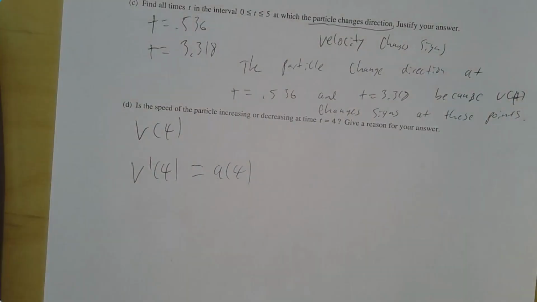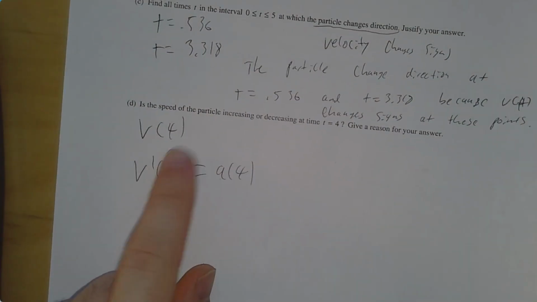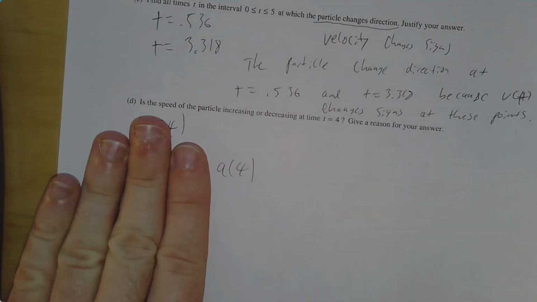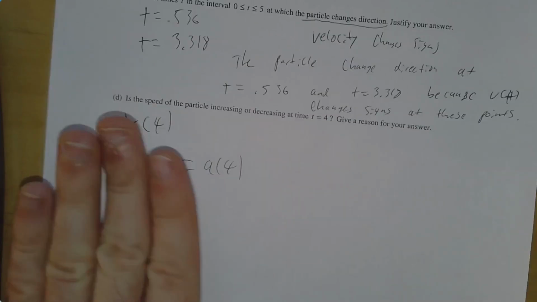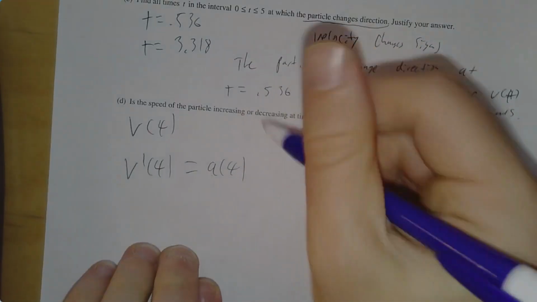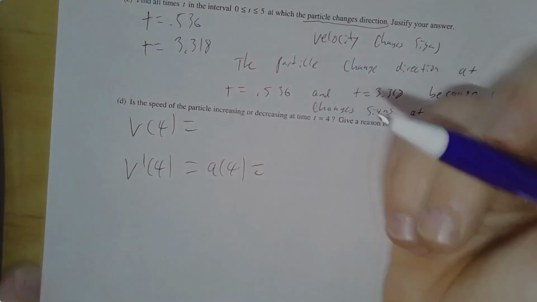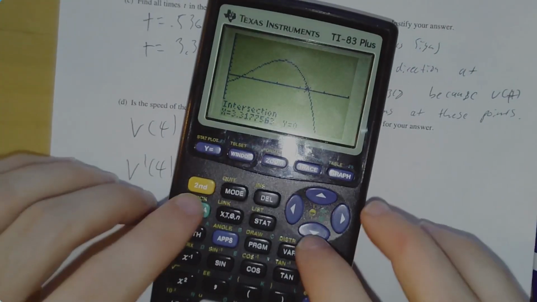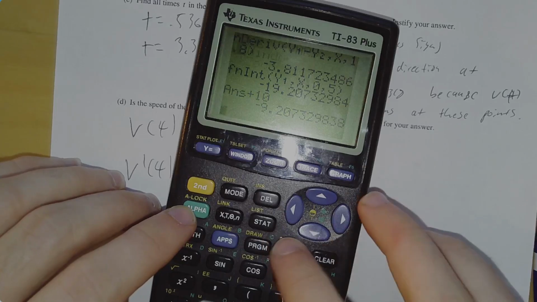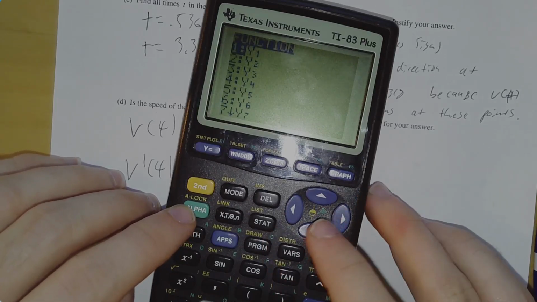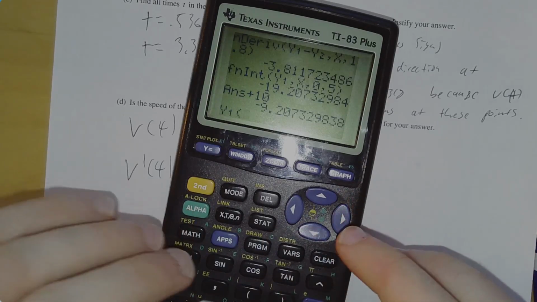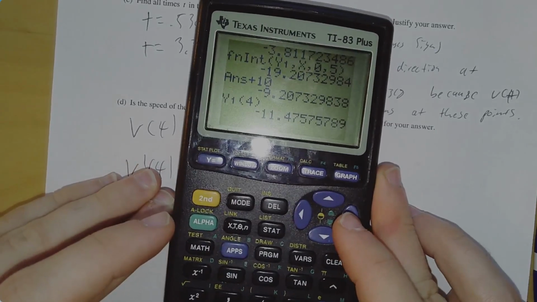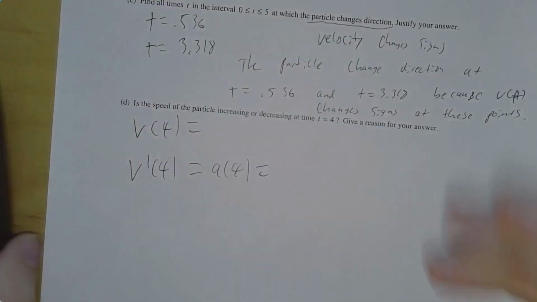So see here, I'm saying velocity at 4 is this. I can't just say a of 4, right? I have to say v prime of 4 is a of 4, which equals, which I'll get in a second. So v of 4 I can get by going vars, function, y1 parentheses 4. That's v of 4, negative 11.476.